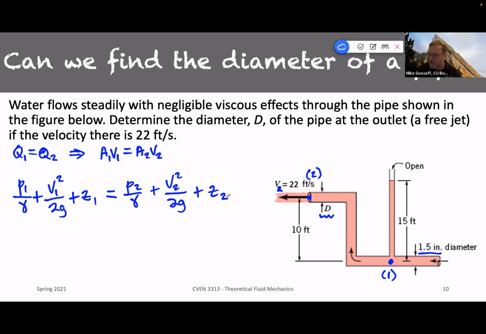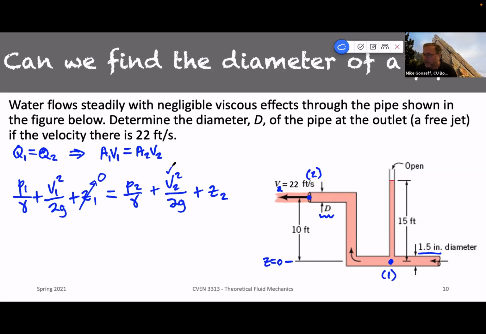Okay, so once again, because of the configuration of our system, I can call this Z equals 0 right here as my datum. And if I do that, then Z1 goes to 0, right? I've been given V2, so I'm just going to put a check mark there. We can figure out that value if we want.